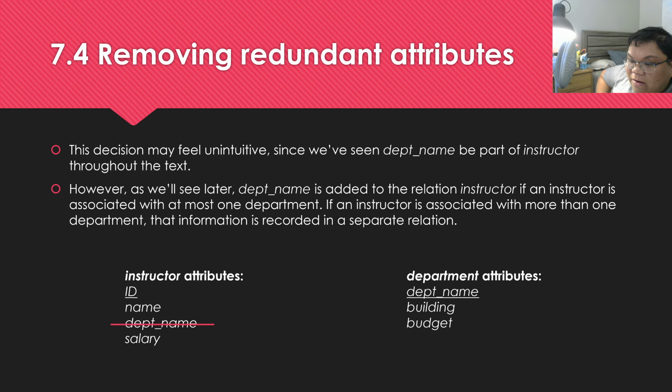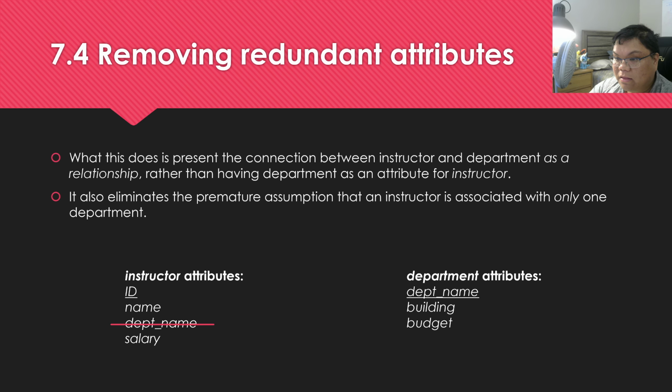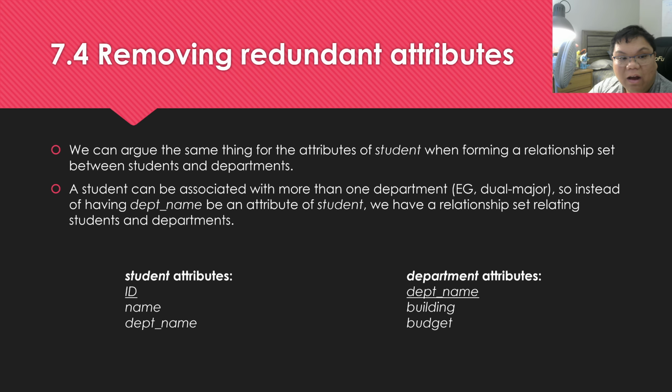As we'll see later on, if an instructor is associated with more than one department, we can just represent that as an additional table in our database. And we can argue the same thing for students. A student may be associated with more than one department, particularly if they're dual majoring. So we don't need to include the department name attribute for student. Cross it out.